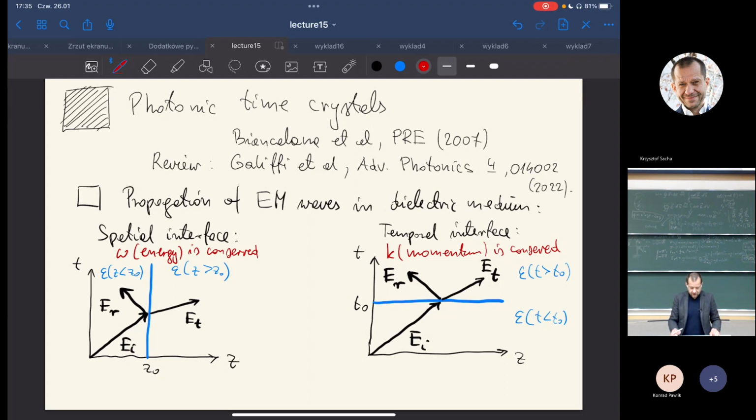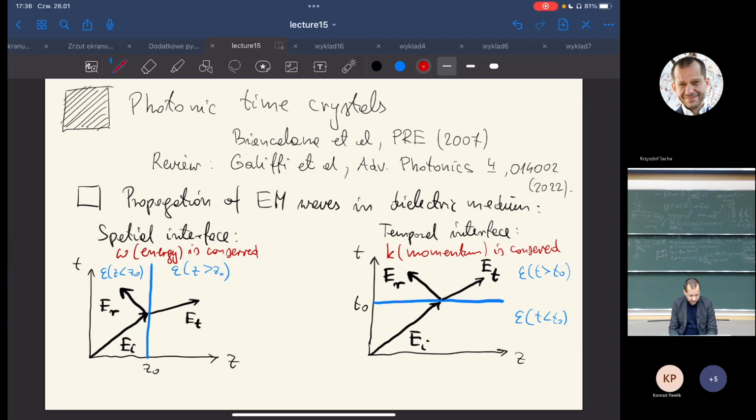Okay, so that is what we expect when there is a spatial or temporal interface. But now what we want to consider is what happens when the dielectric constant is changing periodically.